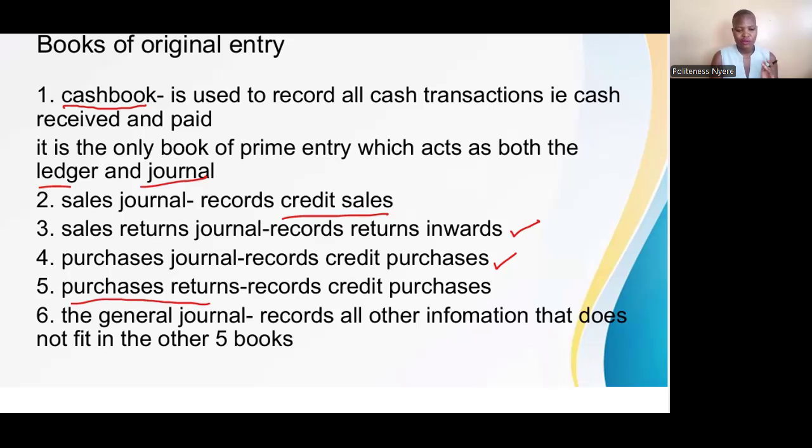Then we are talking about correction of errors, and other things like bad debts, etc. Those things are accounted for in the general journal.